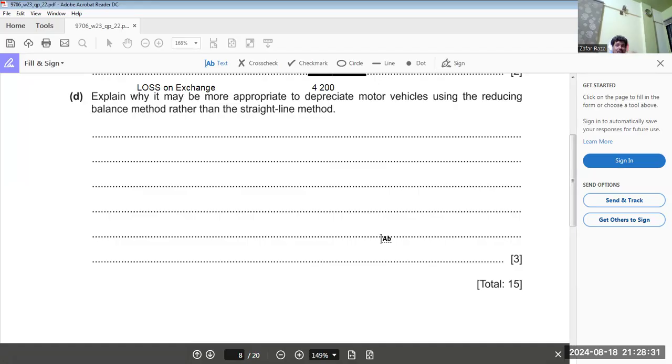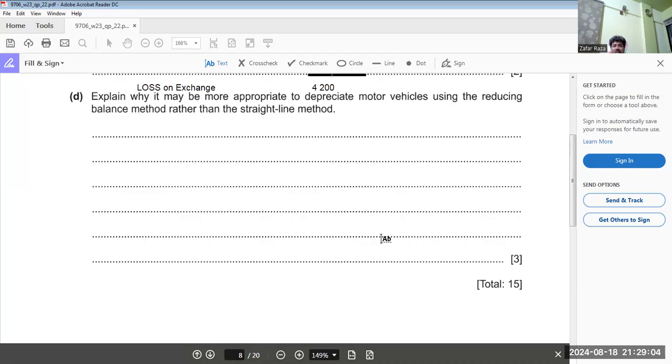But suppose you buy a new car, in the beginning years, the car will be very efficient. But after 10 years of usage, that same car will not give you the same efficiency which it was giving when it was new. Okay. So efficiency is a very, very important controlling factor in non-current assets like motor vehicles, machineries, manufacturing plants.